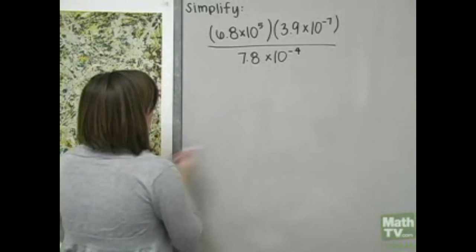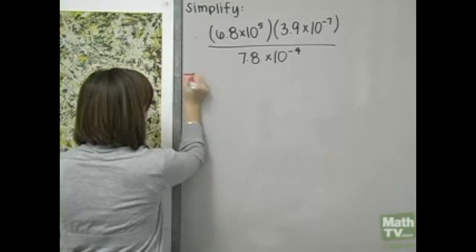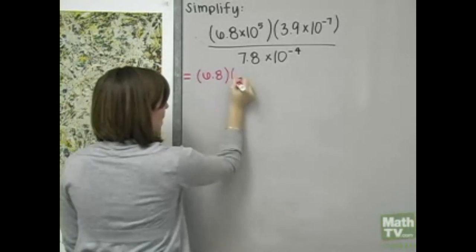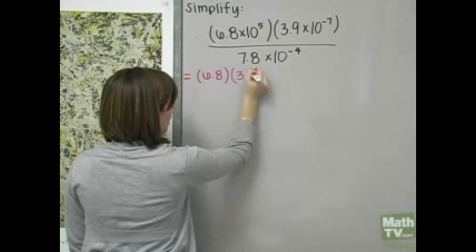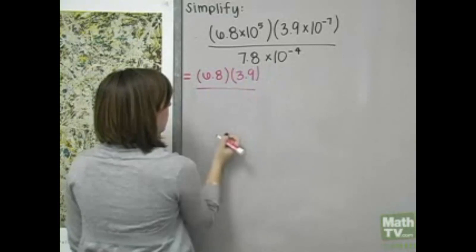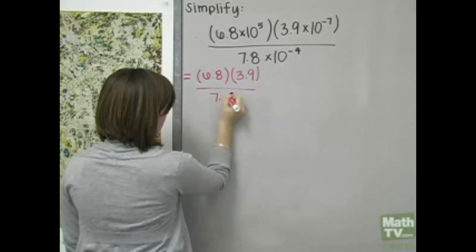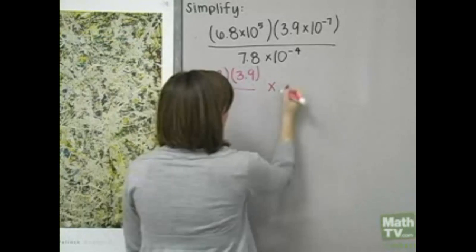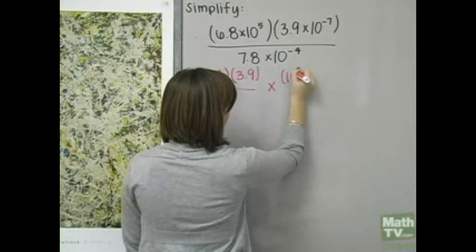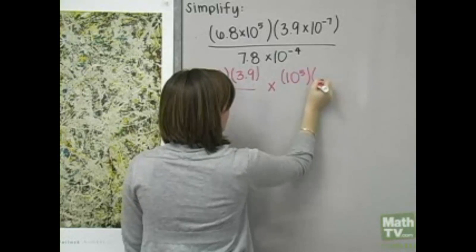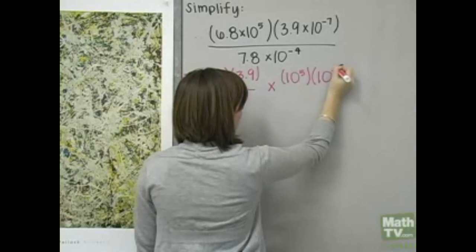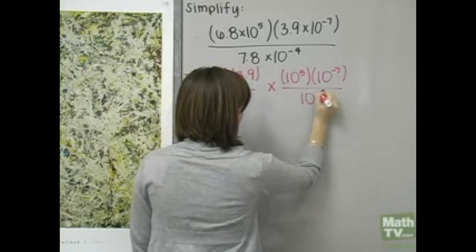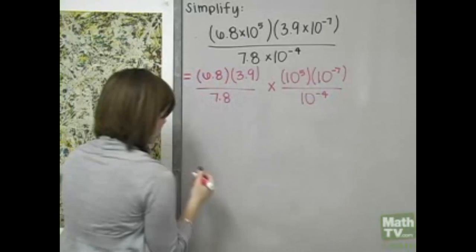So we get that this is equal to 6.8 times 3.9 all over 7.8. We're going to multiply this by our 10 to the 5th times 10 to the negative 7 all over our 10 to the negative 4.